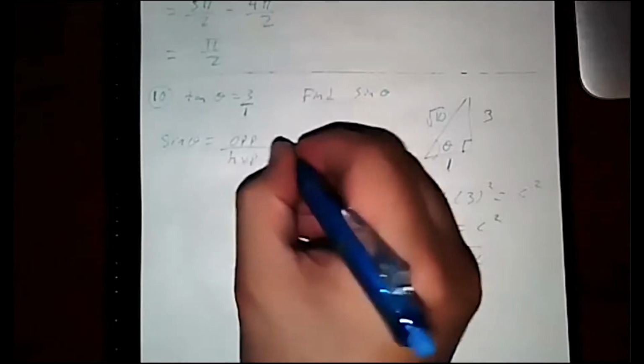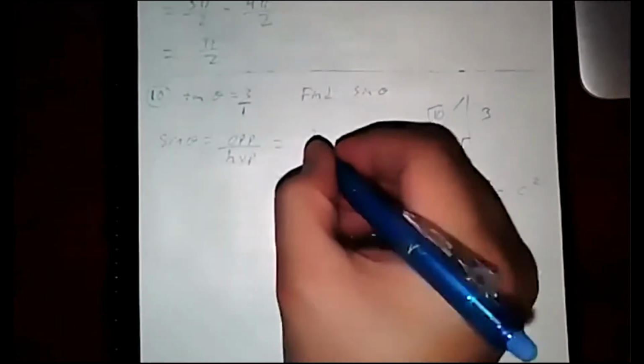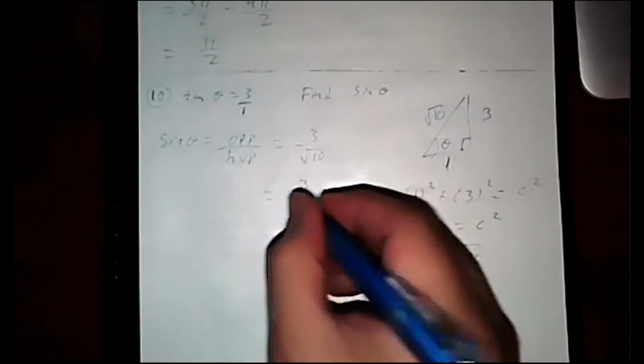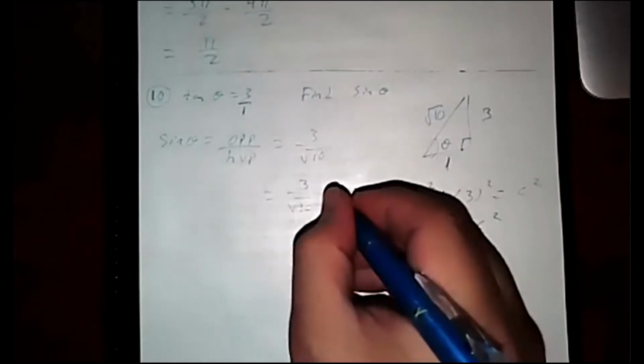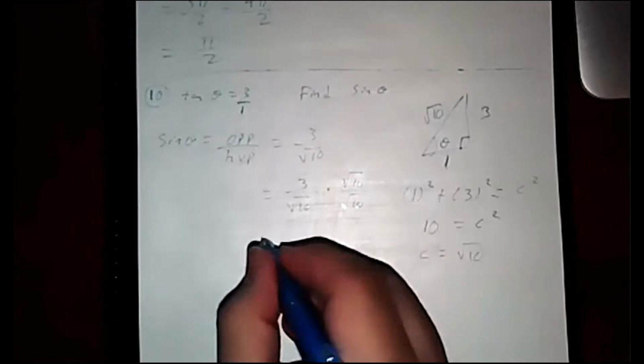All right, so we have the hypotenuse now. So how is sine defined? Opposite over hypotenuse, which is going to be 3 over root 10. If we were to rationalize this, you would multiply the top and bottom by root 10, because the test will probably make you do that.